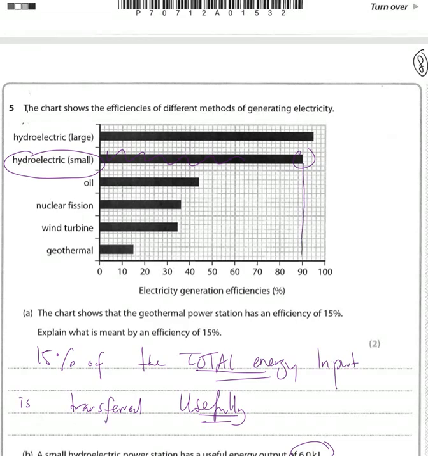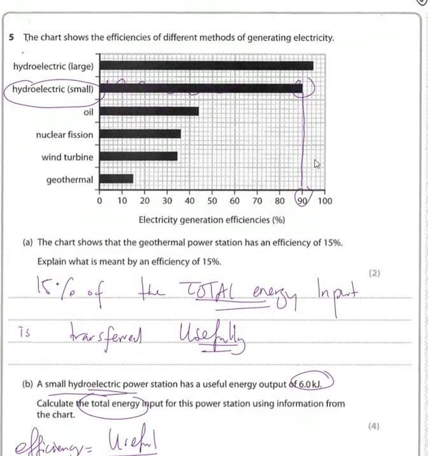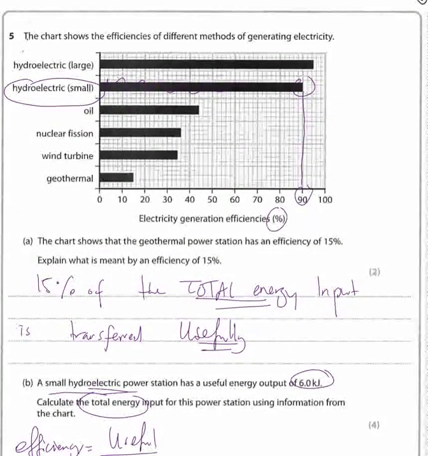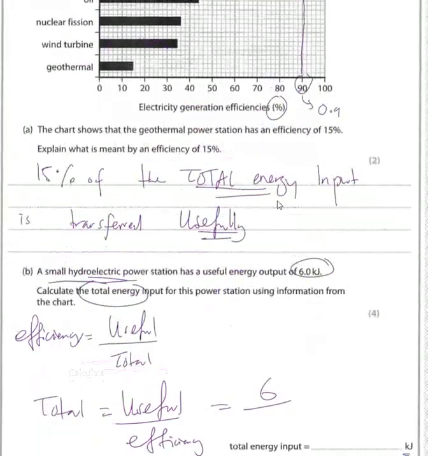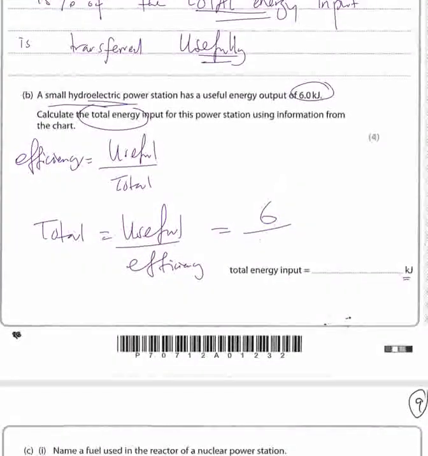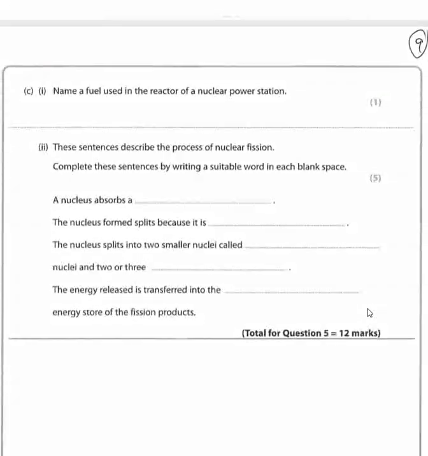And this is 90%. So 90% is 0.9. So therefore, this here is 6 divided by 0.9, which is 6.666, which is 6.7. Now to get my full marks here, I need to say 6.7 because the answer is to 1 decimal point. Otherwise, I will not get my mark.